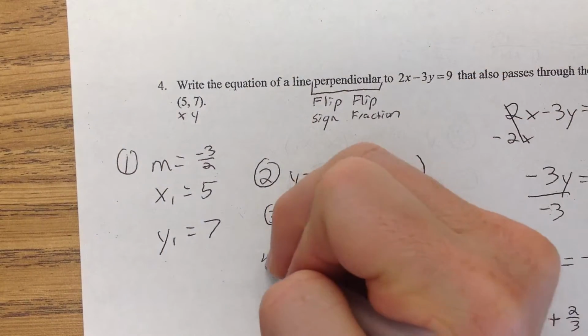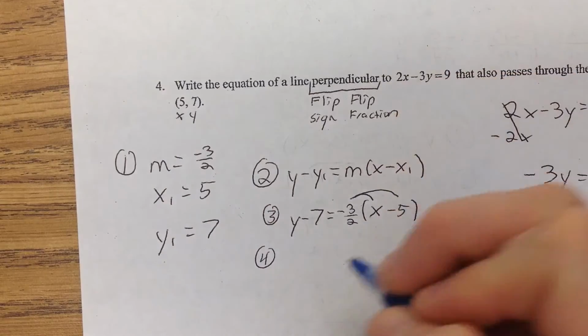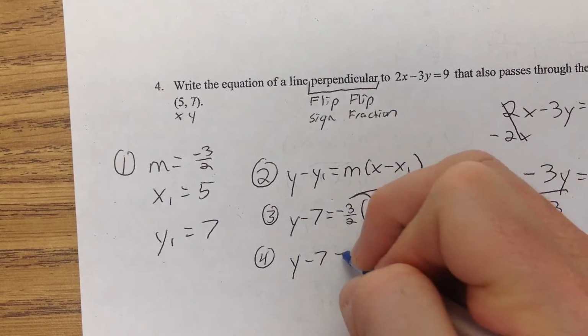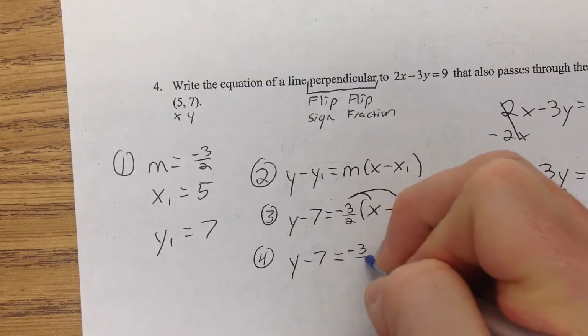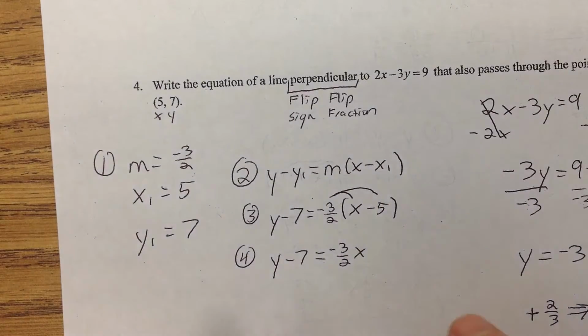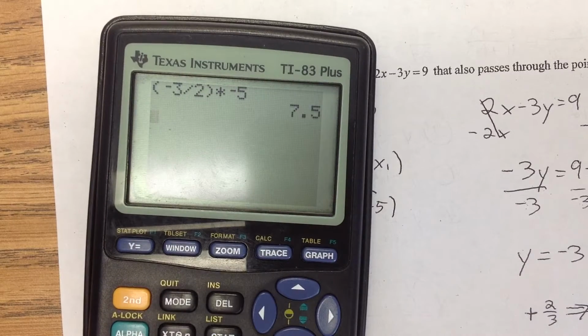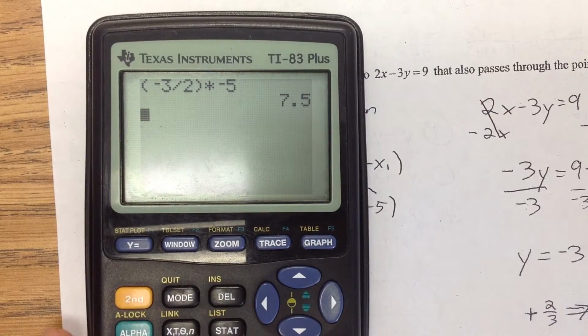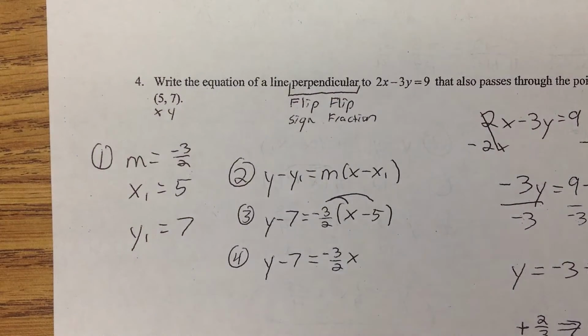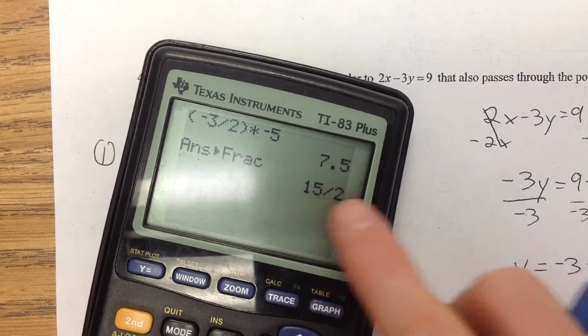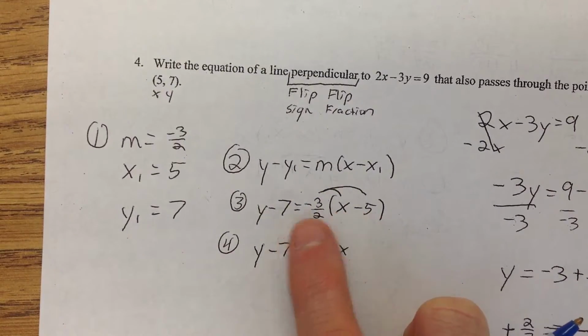We will solve for y, so we're going to start by distributing. y minus 7 equals negative 3 halves x. And here we've got negative 3 over 2 times negative 5, which is 7.5, and if you want that as a fraction, it would be 15 over 2. Also notice that that was a positive 15 over 2 because we did have a negative times a negative.